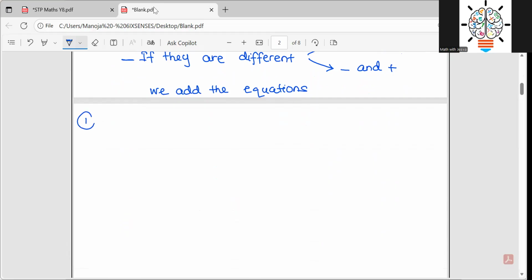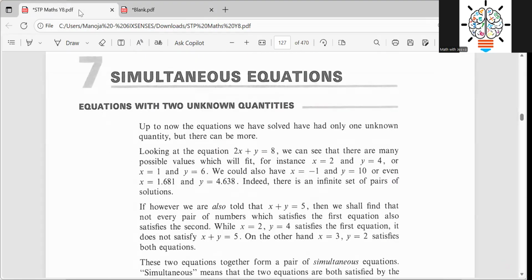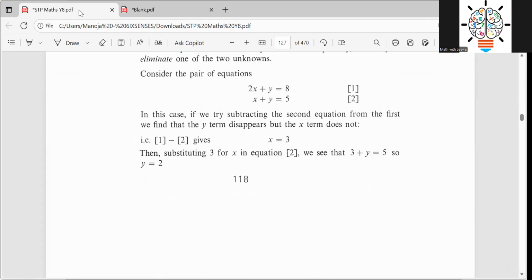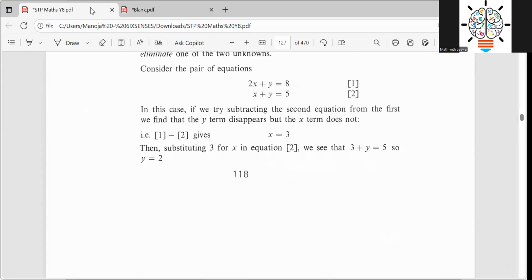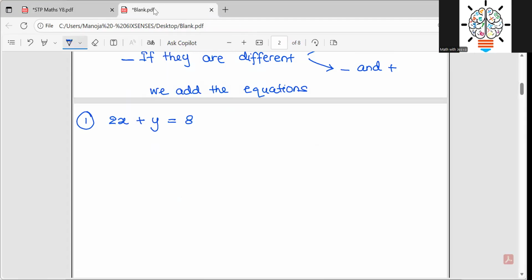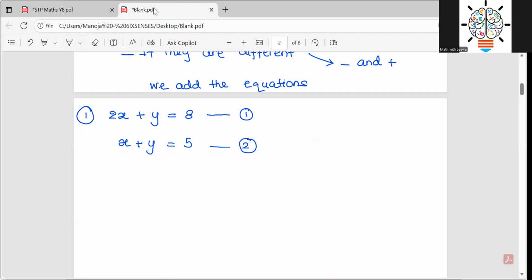So this is the first example. I'm going to have 2x plus y equal to 8, and x plus y equal to 5. You number them. You see now I'm following what I explained a little while ago.